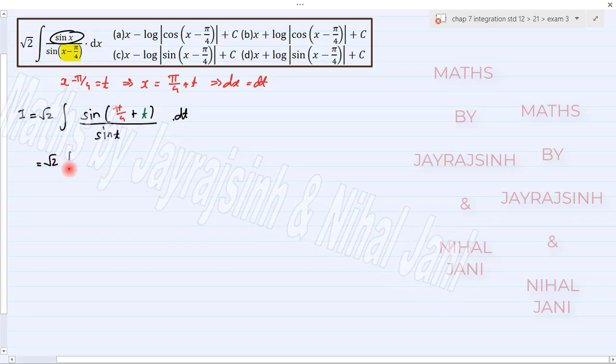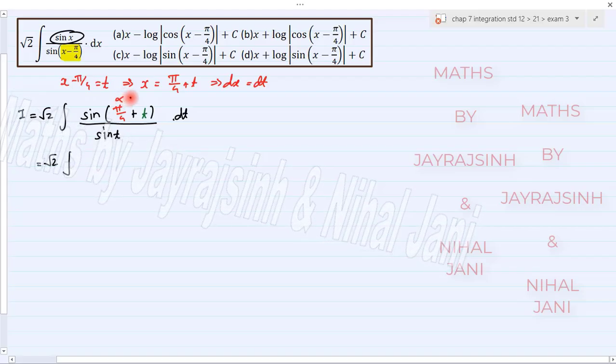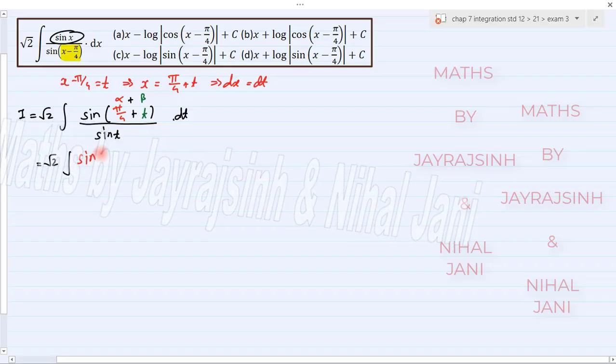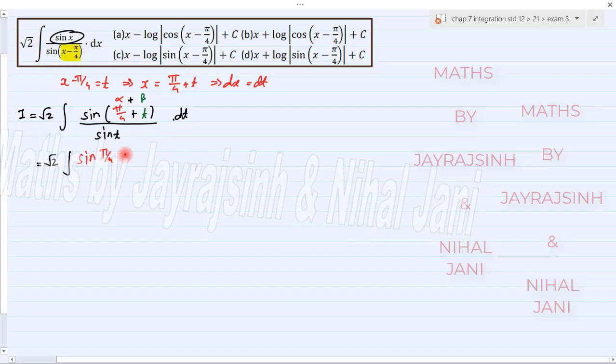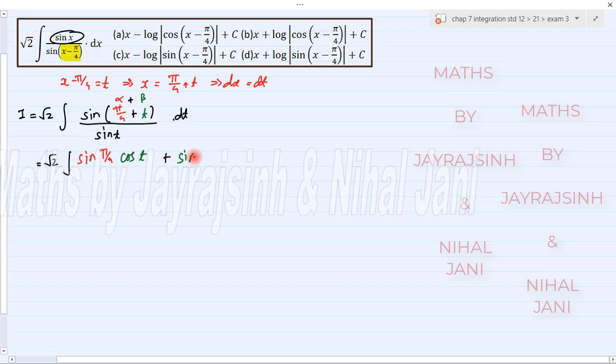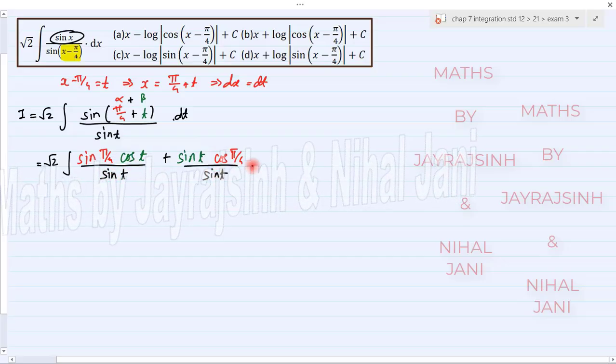Now to simplify our numerator, we have to apply the formula of sin of alpha plus beta. Its expansion will be sin alpha into cos beta plus sin beta into cos alpha, whole divided by individual sin t.